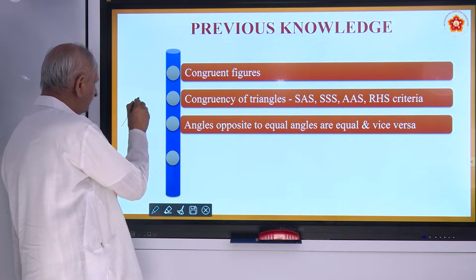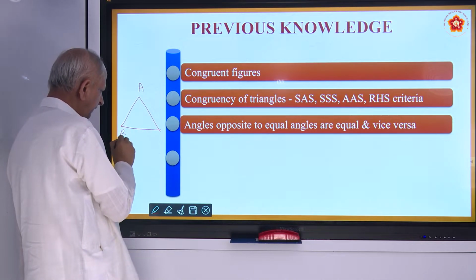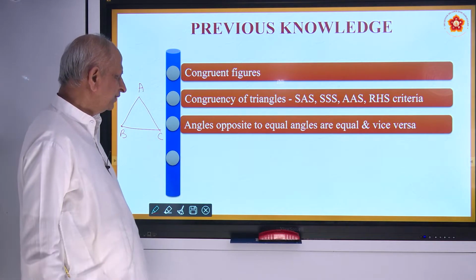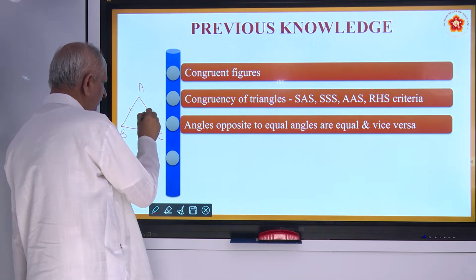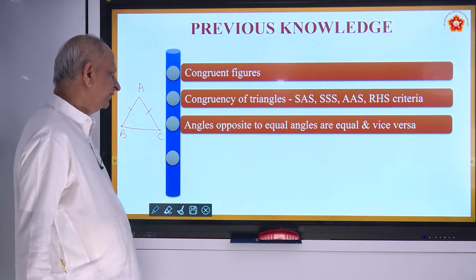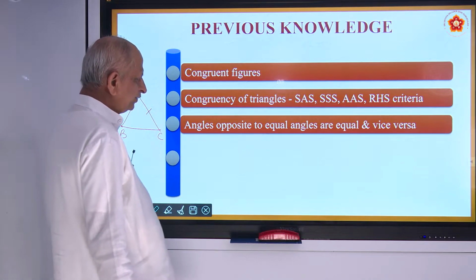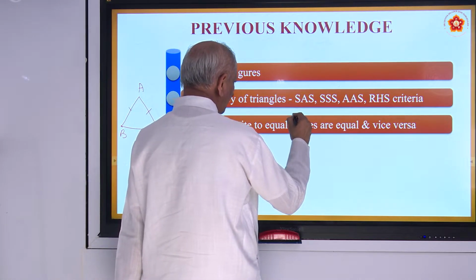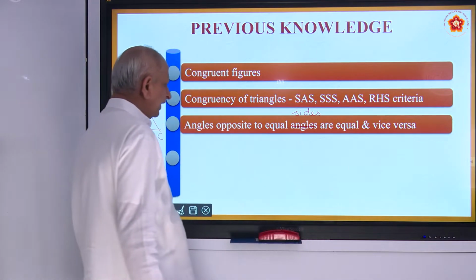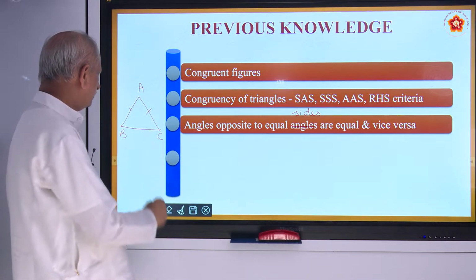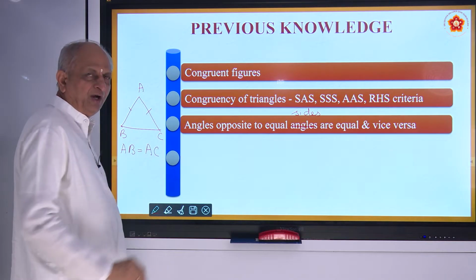Suppose your triangle ABC is given, and if AB is equal to AC, angles opposite to equal sides are equal.